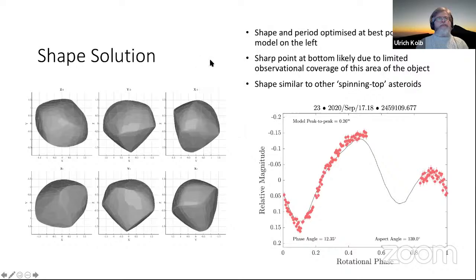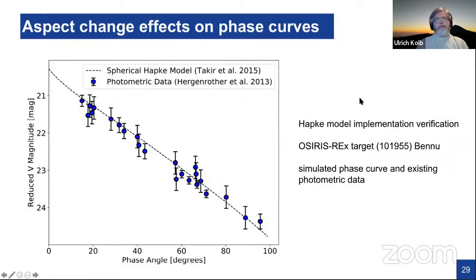By the way, the code setup used was of course verified in different settings, and this is just one verification demonstration for this rather more famous asteroid Bennu, which was visited by the OSIRIS-REx mission recently.